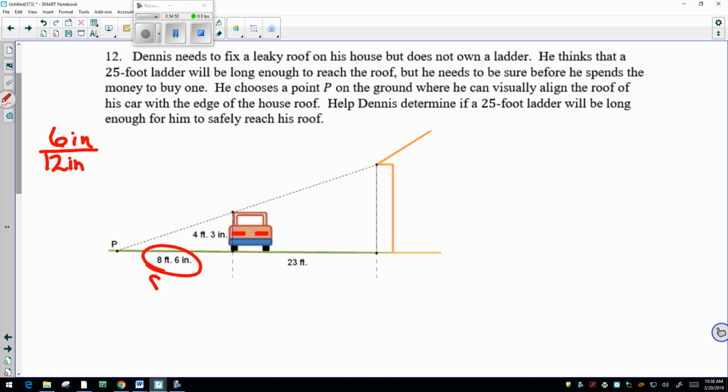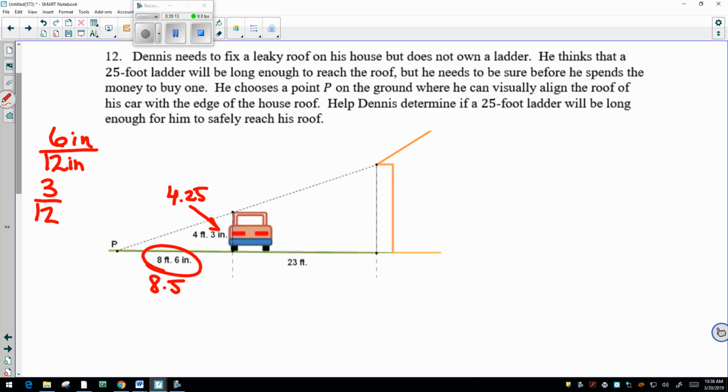So this is 8.5. Okay. The 4 feet 3 inches. So 3 out of 12 is really what? Okay, so this here is really 4.25. That was the hardest part of the problem, just making sure that you have the correct units.